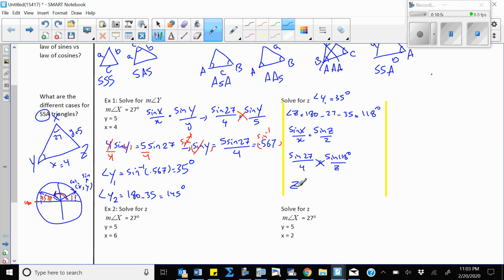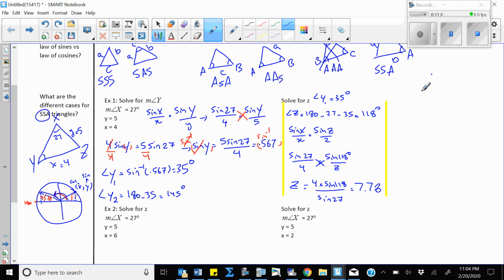So Z will be 4 times sine of 118 divided by sine of 27, which will be equal to 7.78. So this is how I find side Z here.